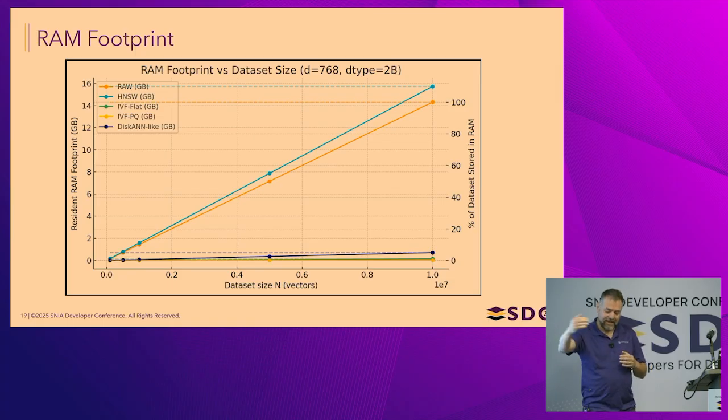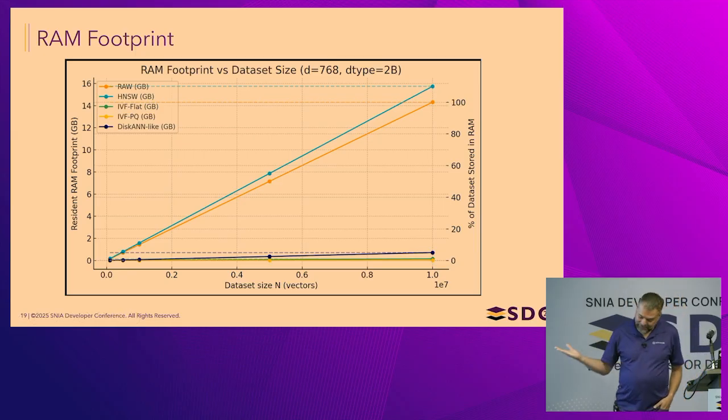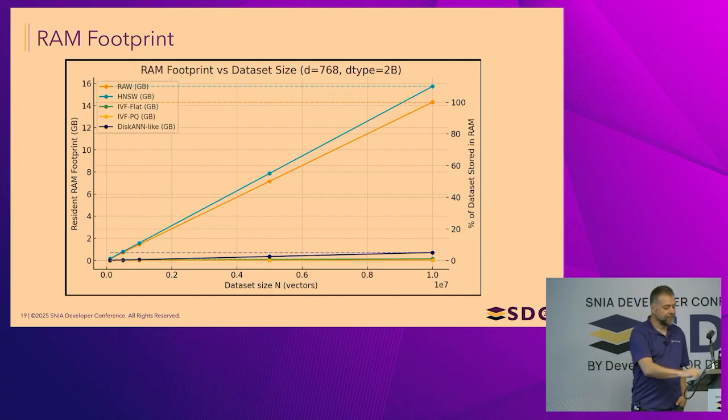We have different indexing techniques, and now you have the percent of data set that's actually stored in RAM. One interesting thing: RAW is obviously going to be 100% if you put everything in memory. But for HNSW, you actually need more memory than the physical data, just because of the way you create the indexing.